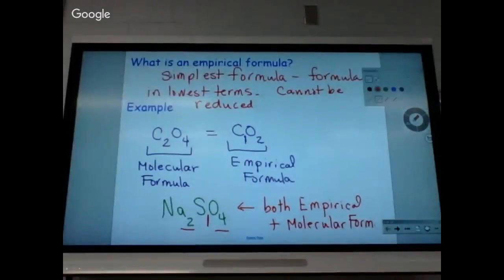There were a couple of compounds that could be reduced, but were most of the things that you wrote on the test able to be reduced? No. So a lot of the things that we will write will already be empirical formulas. They're not going to be able to be reduced. Sometimes you'll have things that are both empirical and molecular, and that's okay. Now, we want to learn to get an empirical formula strictly from calculations today. Everybody got it?